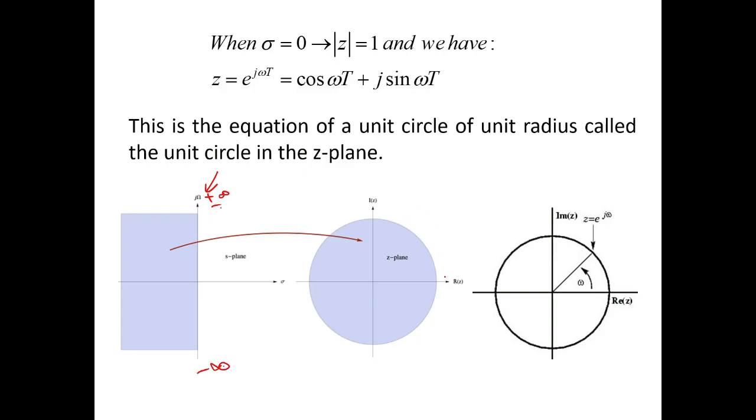But when we are talking about the Z-plane, the frequency is limited to the circle. It will start at 0, come to pi, then to 2 pi, and 0 and 2 pi are at the same location.